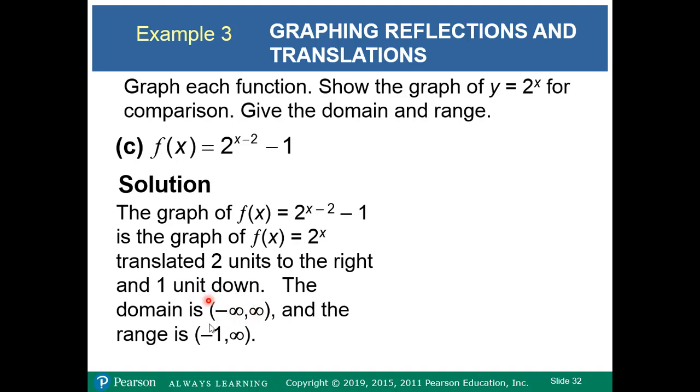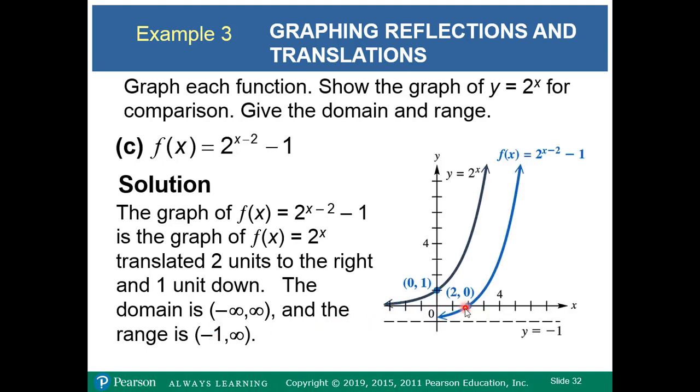And so that's going to change the range. So the domain is still going to be the same, but the range is now going to be -1 to infinity, okay? Because the horizontal asymptote was moved down 1. And so this is what it looks like. Here's our horizontal asymptote at y equals -1.